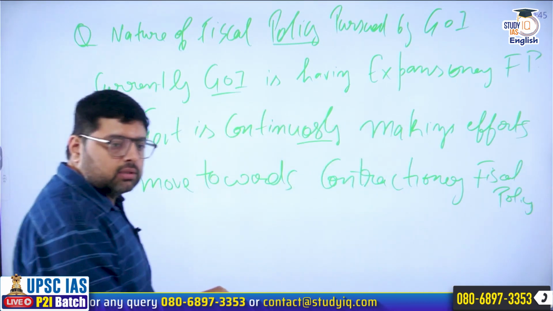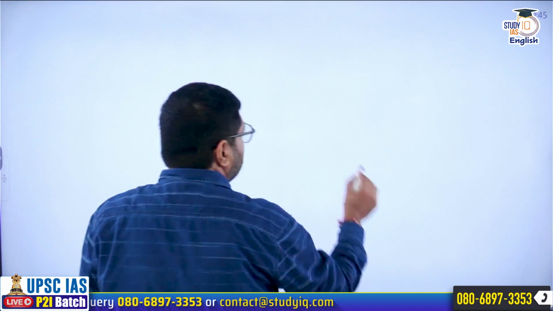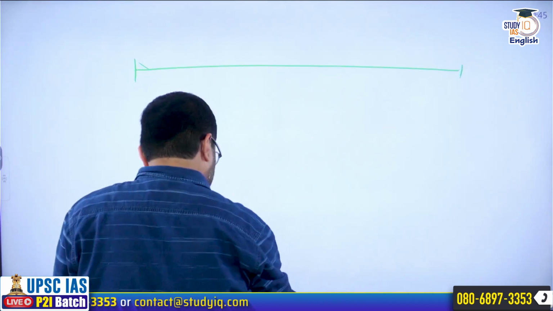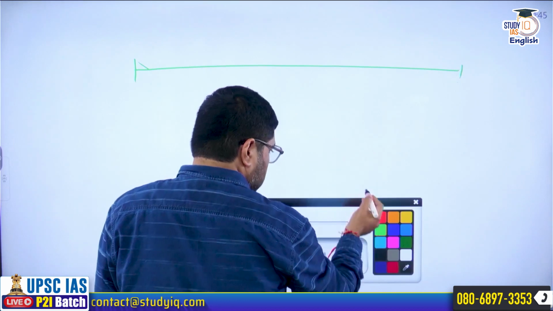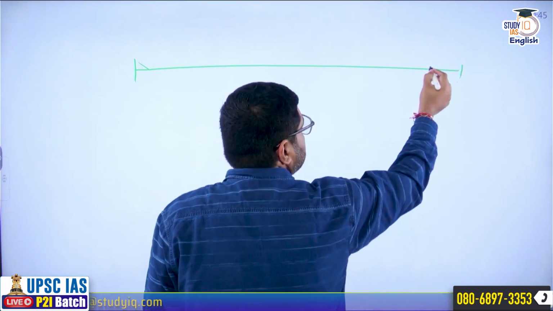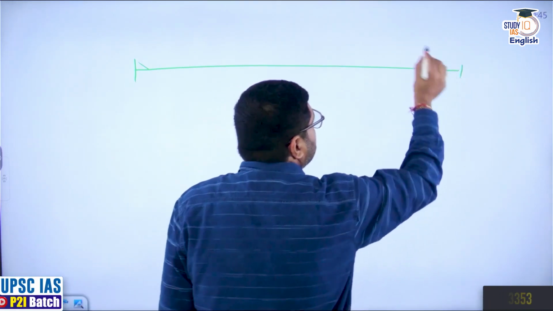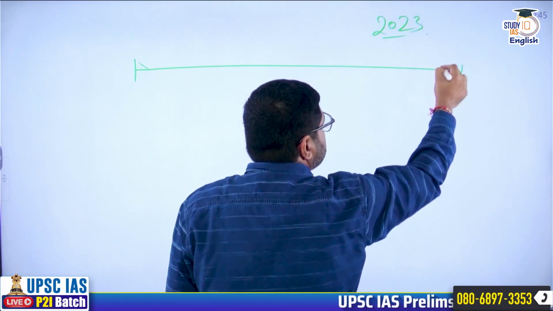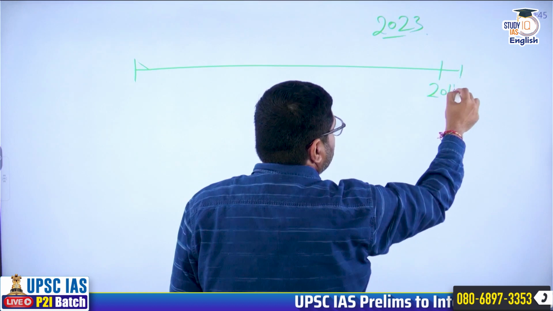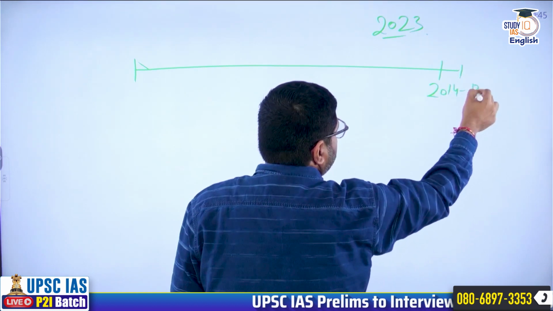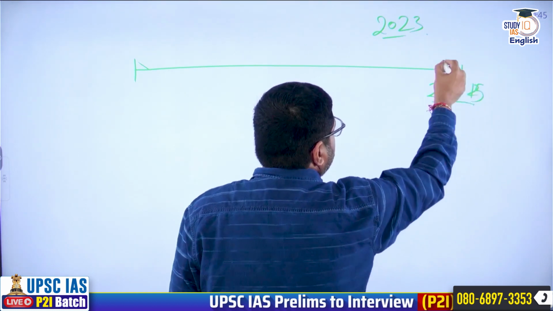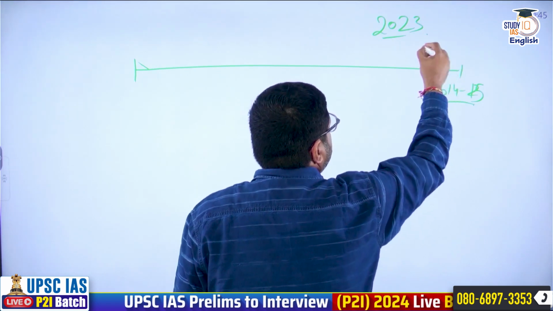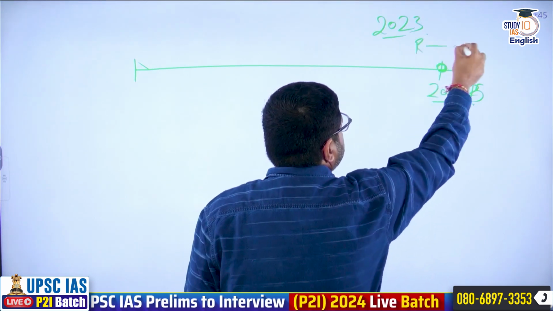It means, if I make a scale, so in the last 10 years, today it is 2023, so for example 2014-15, my fiscal deficit is somewhere here, meaning the gap between my receipts and expenditure is this much.